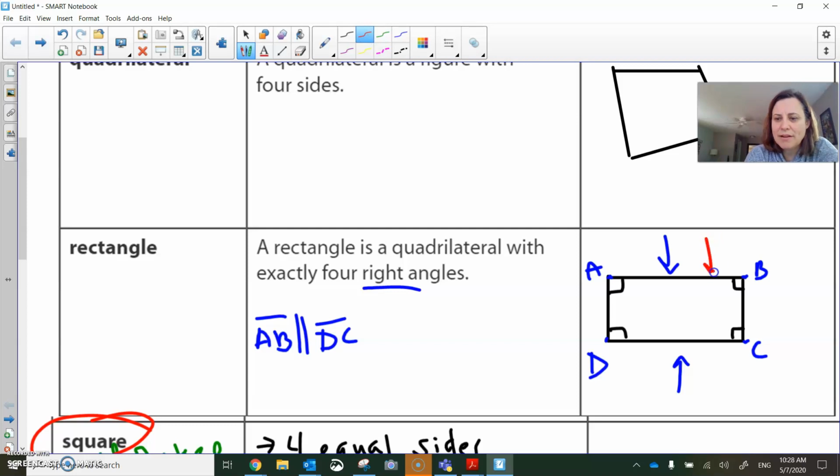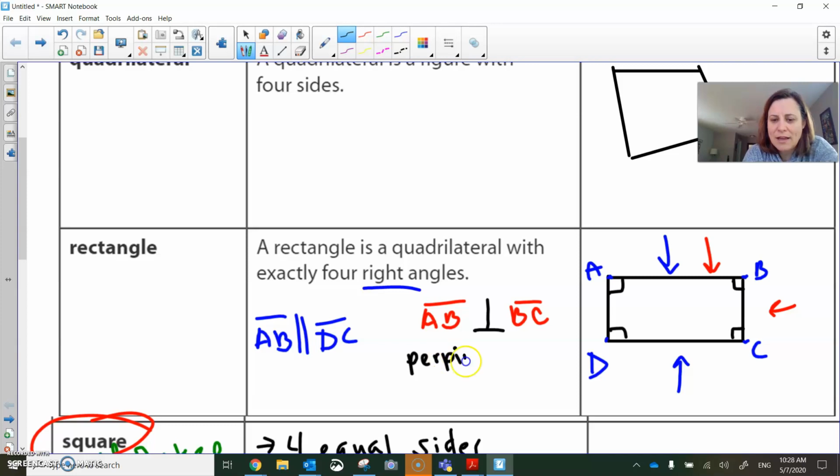But if we wanted to compare this side and this side, I could say AB and BC are perpendicular, and the symbol for perpendicular is an upside down capital T, which actually looks like two segments hitting each other at a 90-degree angle, which is kind of cool. Perpendicular, P-E-R-P-E-N-D-I-C-U-L-A-R, and parallel, P-A-R-A-L-L-E-L. Lots and lots of vocabulary this chapter.